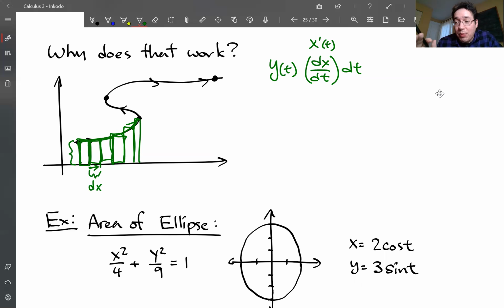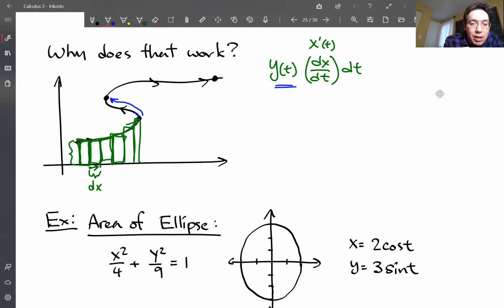Now we're going to change direction, so it's going to look a little bit funky. Let me change the color of the pen as well. So as the curve doubles back to the left, in this picture, the height of the rectangle is still positive, right?